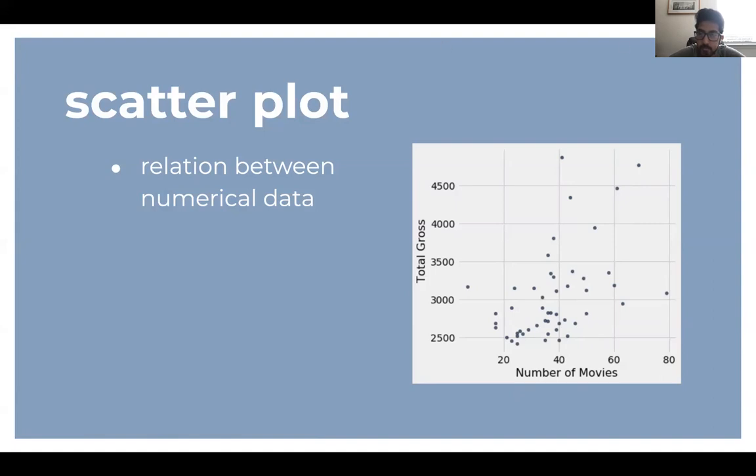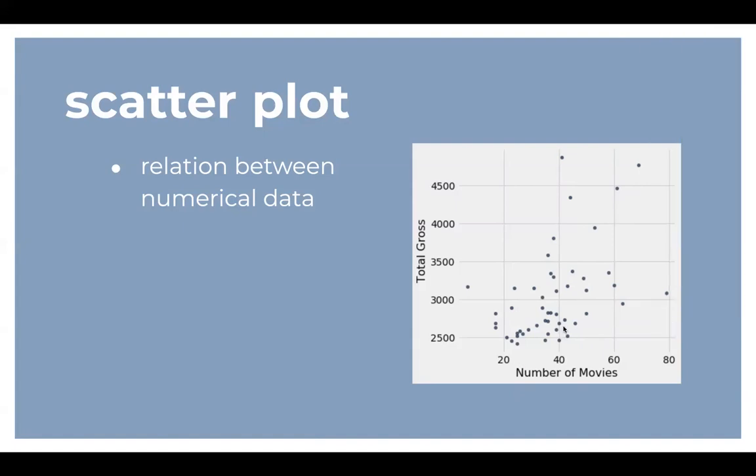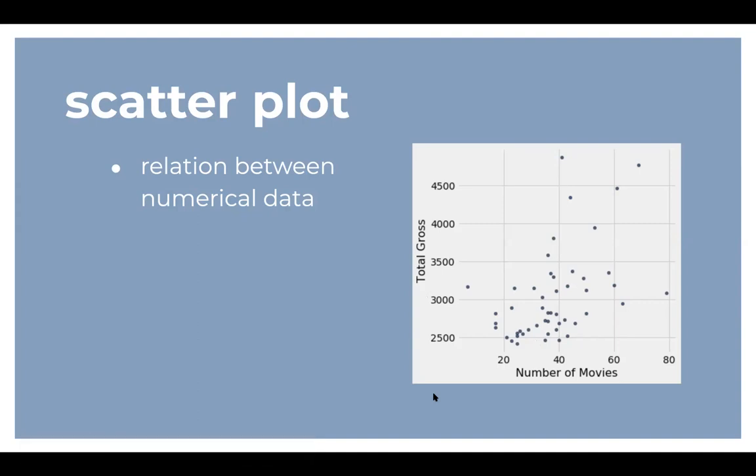One thing you could interpret from this is that a higher number of movies means a bit higher dollar value. So you can use scatter plots for looking at whether there's correlation between two variables. We could potentially say that there is loose correlation between these two variables.